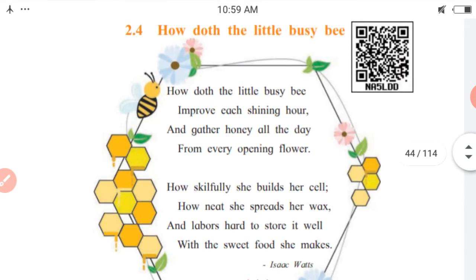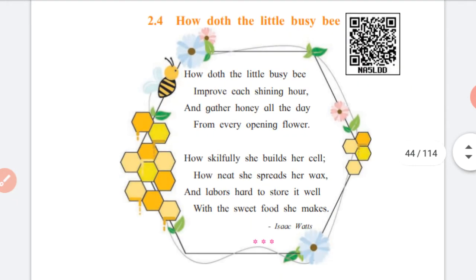You can observe the lines of the poem are kept in the shape of a hexagon. So actually it is the shape of a cell or the room in the honeycomb, and beside this you can observe some of the cells in the honeycomb and also a honeybee.